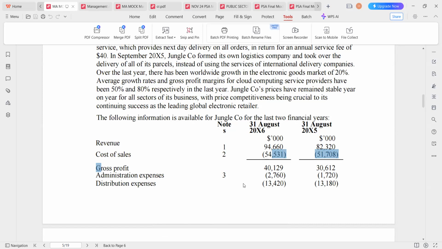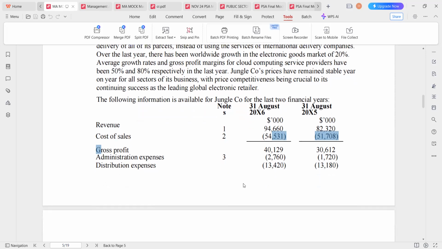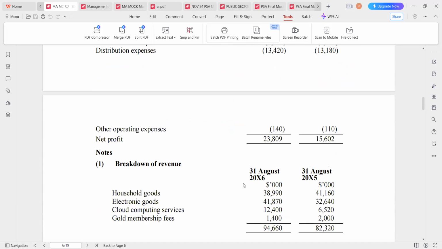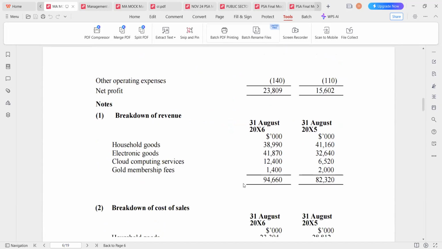All right, so we are done. Then we go to the next one. They have also given us expenses. There's net profit. You see, they have breakdowns here. So also take time and calculate the breakdown for both cost of sales and sales.